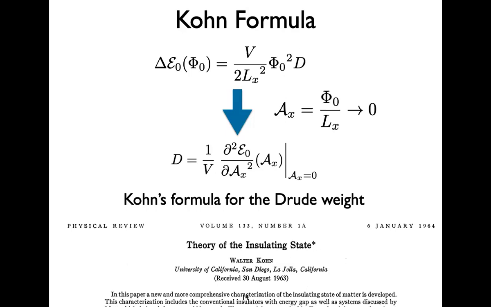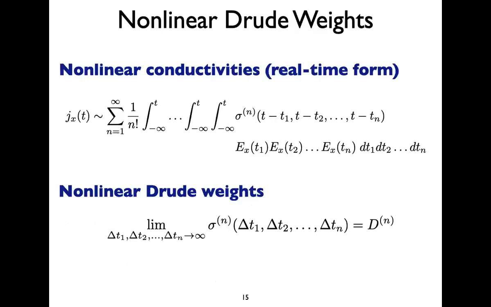So you might wonder what's the advantage of this real-time formulation and flux insertion. The answer is that we can now straightforwardly generalize this result to nonlinear conductivity. Because in real time, I can also formulate the nonlinear response in this way. So the current at time t is given by the summation and integration over all the effects of the electric fields applied in the past.